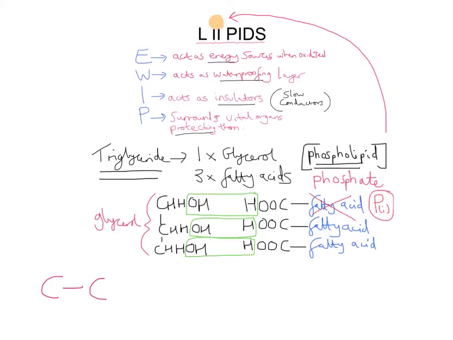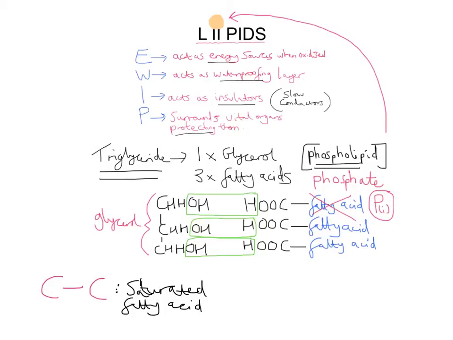So they have carbon atoms joined by single bonds. If you see single bonds between carbon atoms, we say that is a saturated fatty acid. A good example of that is stearic acid. All the carbon atoms there are joined by single bonds.